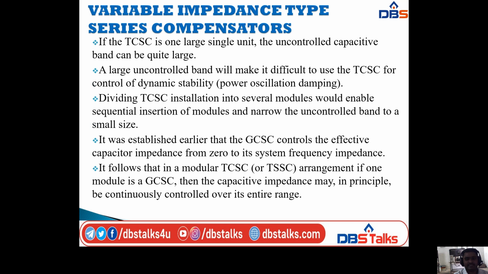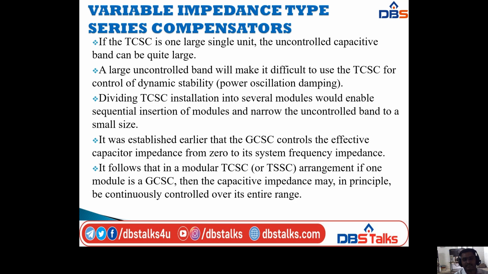If the TCSC is one large single unit, the uncontrolled capacitive band can be quite large. A large uncontrolled band will make it difficult to use the TCSC for control of dynamic stability, that is power oscillation damping. Dividing the TCSC installation into several modules would enable sequential insertion of modules and narrow the uncontrolled band to a small size.